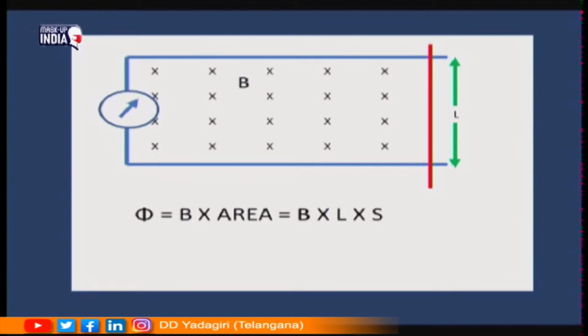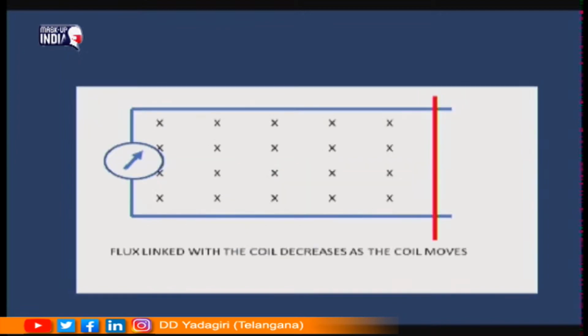So, area is length into S, where S is the distance the wire moves. As the wire moves, the magnetic field linked with the coil keeps decreasing.